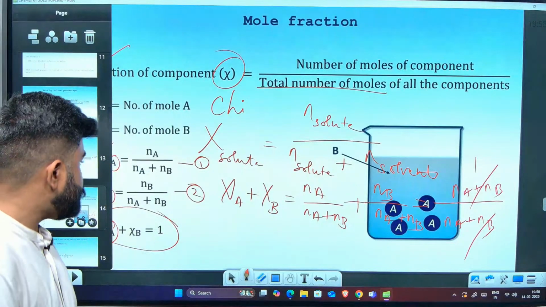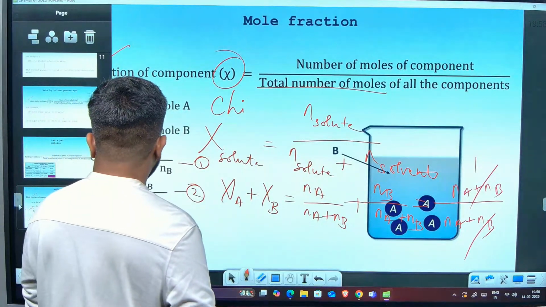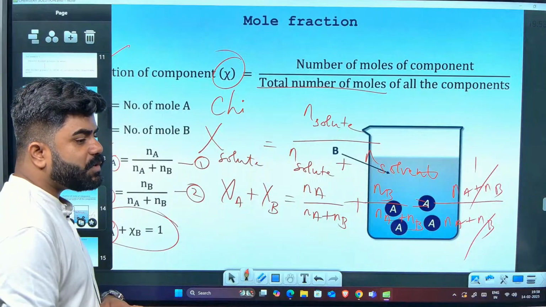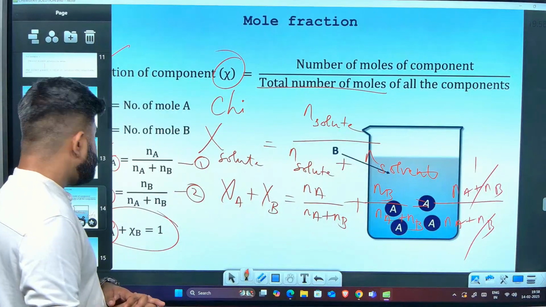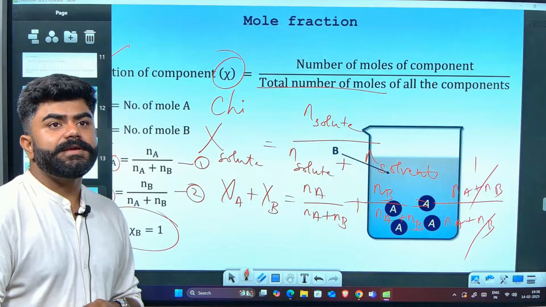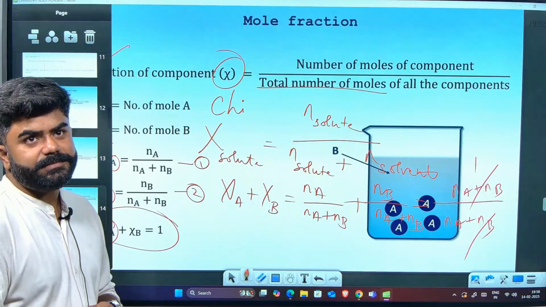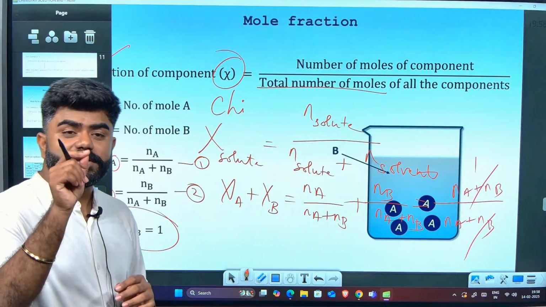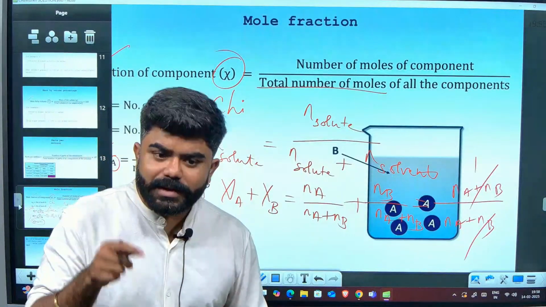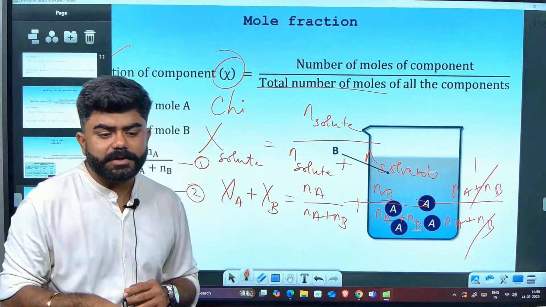I will repeat the question. If 4 moles of alcohol and 6 moles of water are mixed, then calculate the mole fraction of each component. So you have to calculate the mole fraction of alcohol as well as the mole fraction of water.